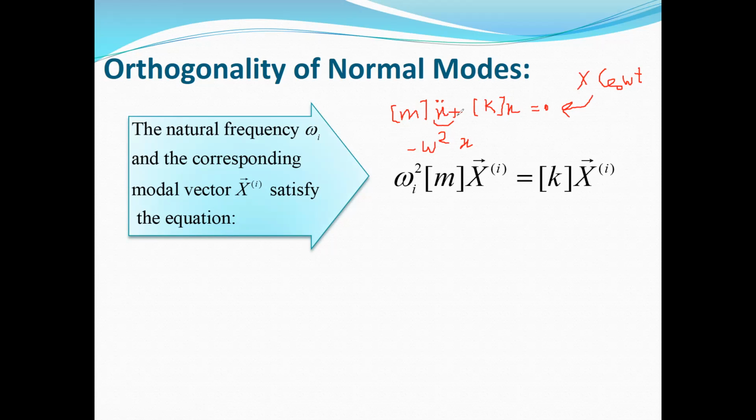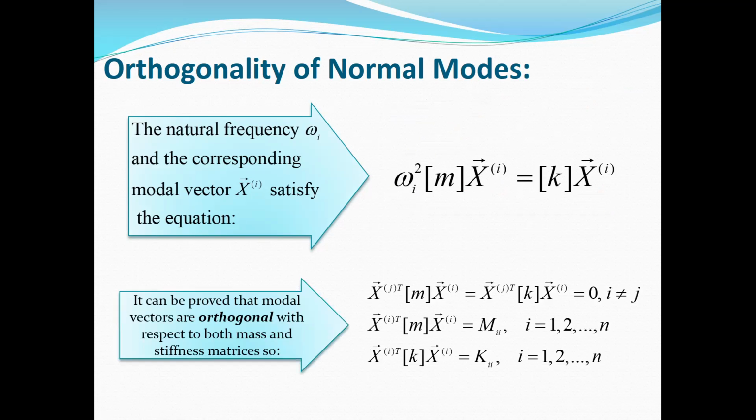If you substitute and simplify this equation, you can extract this relation, in which omega i is the i-th natural frequency of the system, and xi is the i-th mode shape of the system. So this equation will be satisfied because of our initial assumption, and we use this relation to obtain the free vibration response of the system.